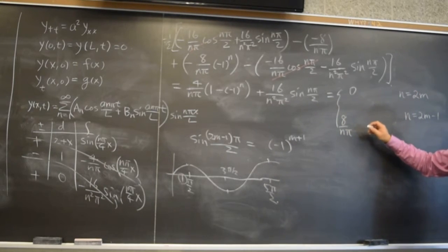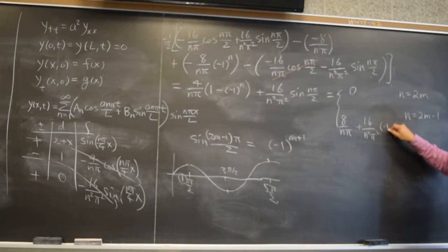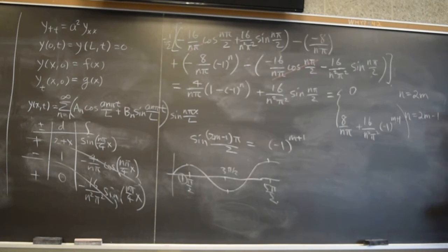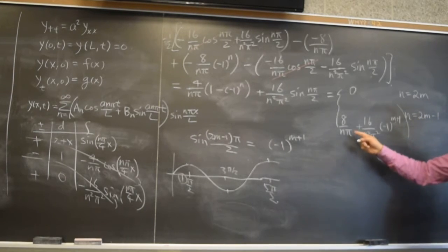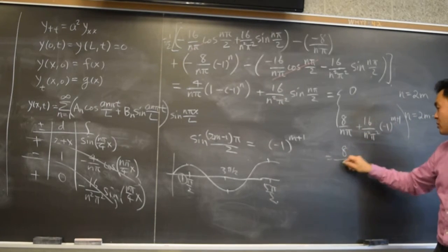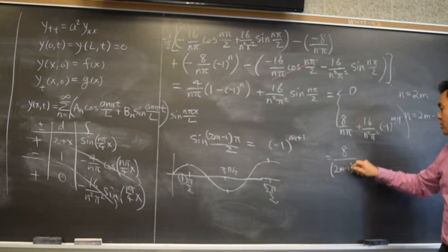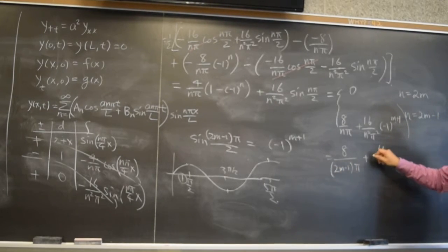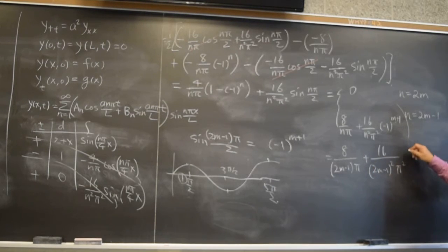So we have, in that case, plus 16 over n squared pi squared times negative 1 to the m plus 1. And because we want to replace all the n by 2m minus 1, we'll rewrite this as 8 over 2m minus 1 pi plus 16 over 2m minus 1 squared pi squared times negative 1 to the m plus 1.